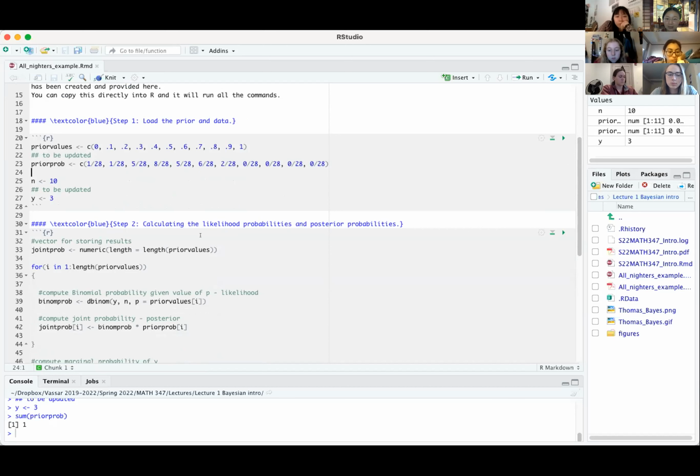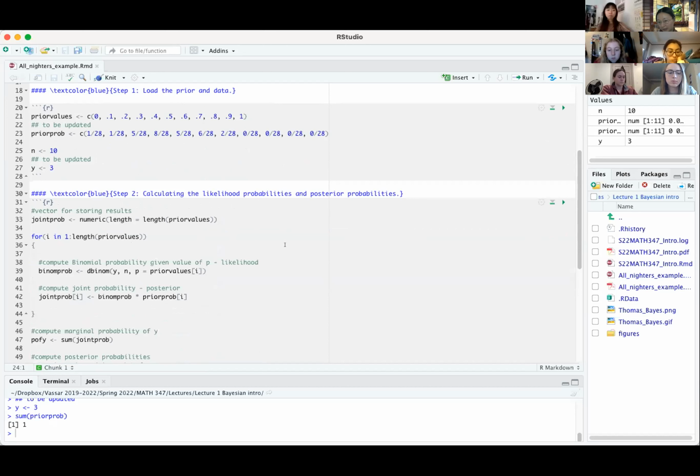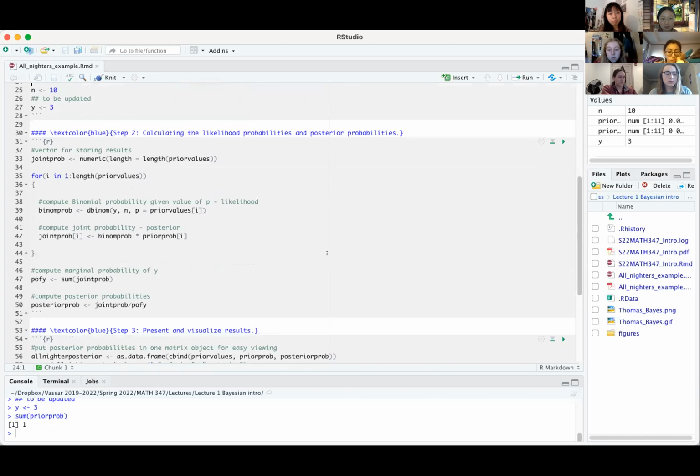And the second step is to calculate the likelihood probabilities and posterior probabilities. So this involves getting the model, which is a binomial model that we're going to use, as well as all of the Bayes rule calculation in order to eventually get the posterior. There are a lot of details going on, but the general idea is that we use a binomial model for the data. And then we have these 11 different values of our prior p from 0% to 100% with 10% increments.